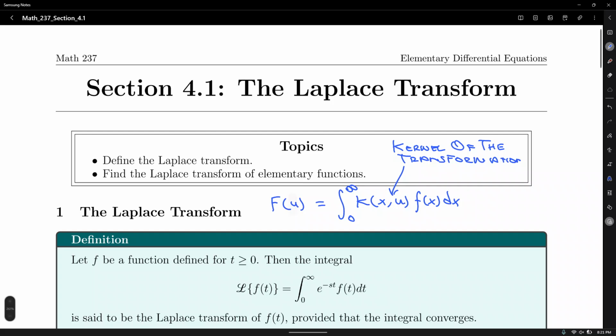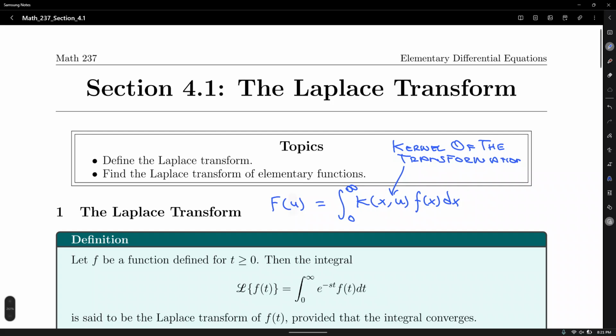This function essentially specifies how the input function is integrated to produce the transform function. So an integral transform takes some function f of x and transforms it into some function F of u, or whatever other variable that we specify, through this integral operation.